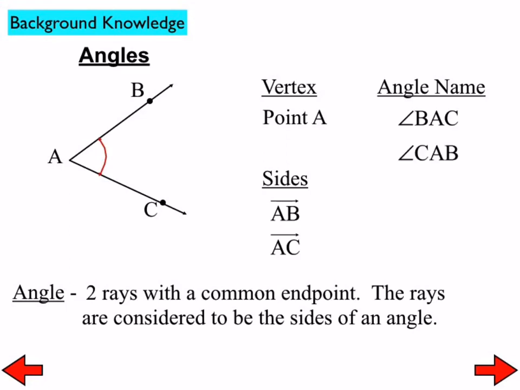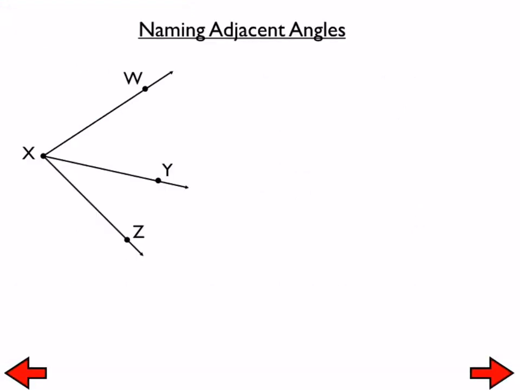Another way would be going in the reverse of that, angle CAB. If we're going to name the angle that way, we have to make sure the vertex is in the middle. We could also name that angle A because there is only one angle A there. And if we have a number in the vertex there, we could also name it, in this case, as angle 5.